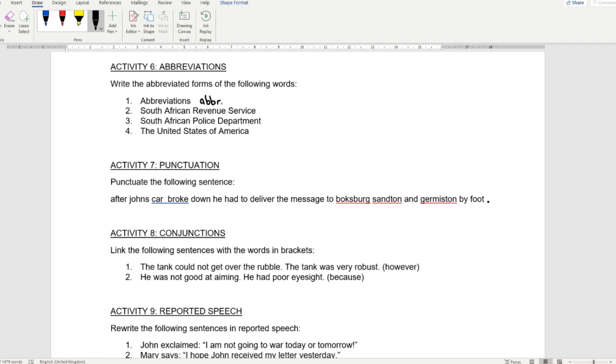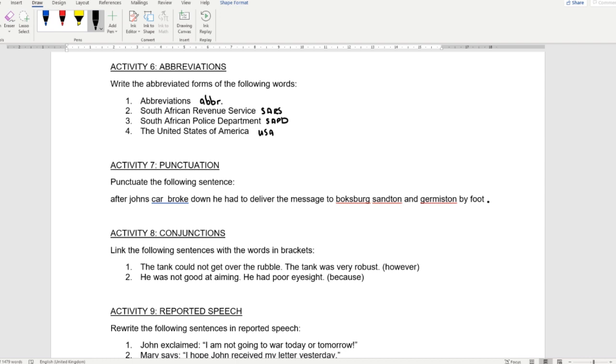Okay, that's for initialisms. For acronyms, you do not add dots here. So we've got South African Revenue Service, which is SARS. Your parents love these people. Then SAPD is South African Police Department. And United States of America is known as the USA.